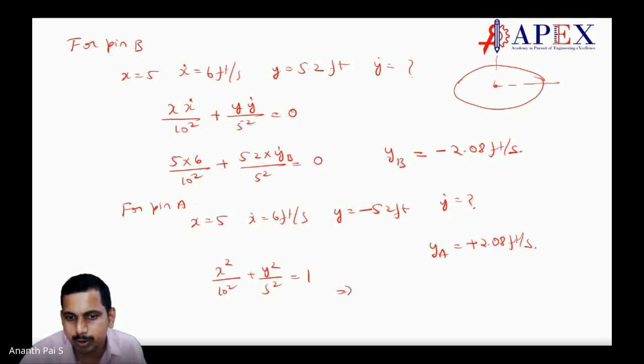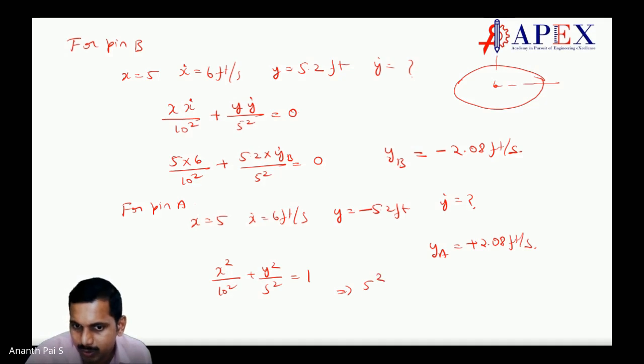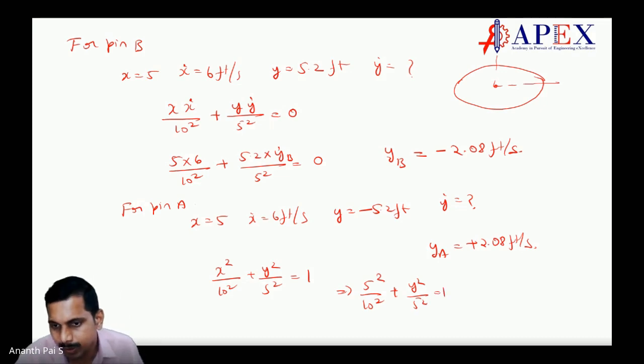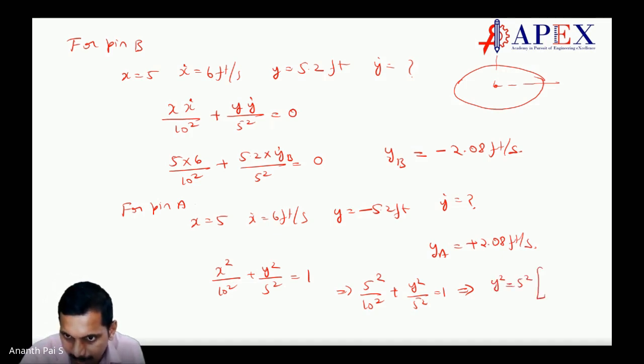Put x is equal to 5 feet. 5 square by 10 square plus y square by 5 square is equal to 1. This is a quadratic equation, is it not? So you will get y square is equal to 5 square into 1 minus 5 square by 10 square.